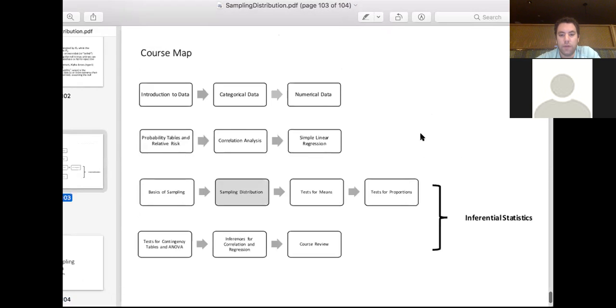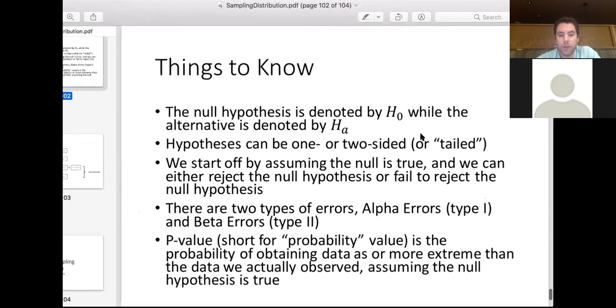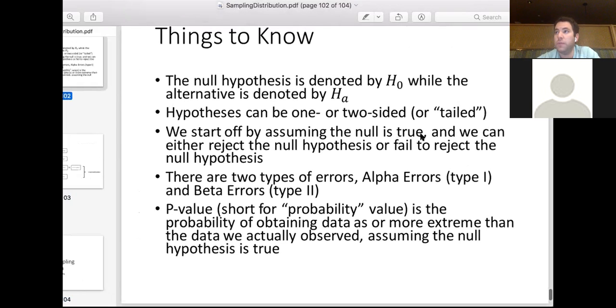So just to finish up this lecture, the main takeaways are that the null hypothesis is denoted by H naught, while the alternate is denoted by HA. And hypotheses can be either one or two-tailed. And we're going to start off by assuming the null hypothesis is true.